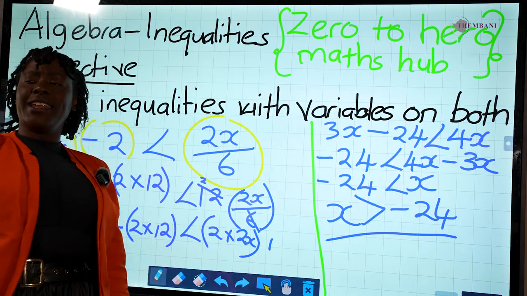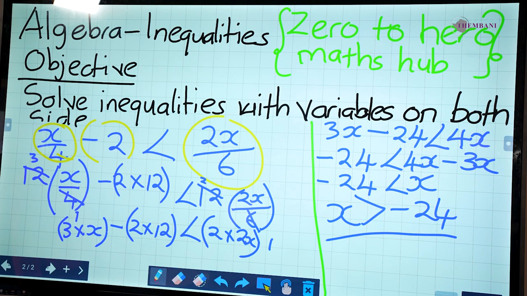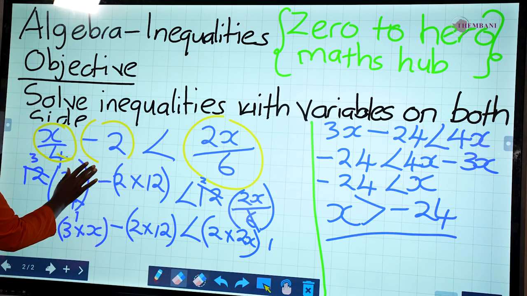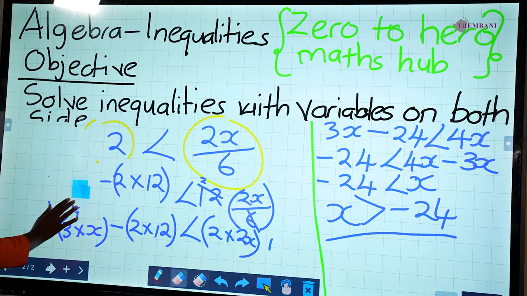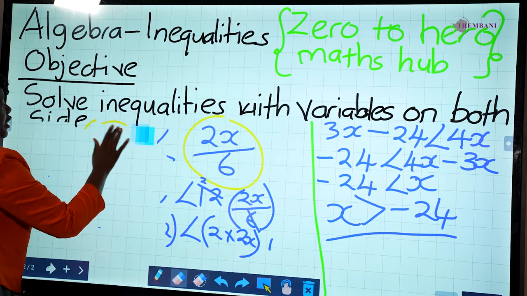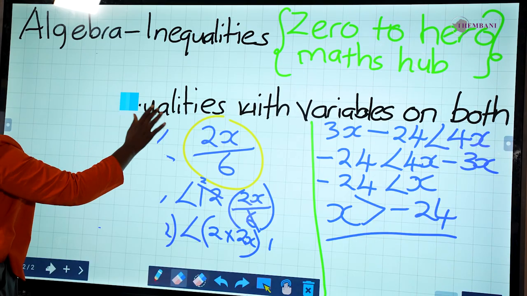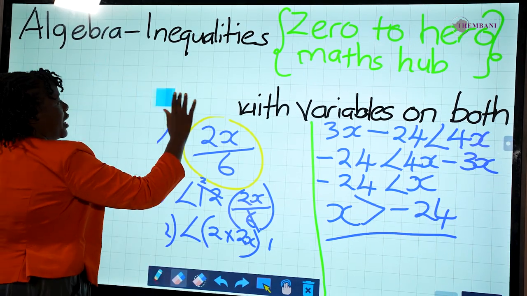So we are moving on to another fractional inequality, which, when you look at it, may seem complicated, but it's not complicated because remember, we are turning from 0 to hero. Because I'm going to need more space, I'm going to delete this because you already know what we are looking at.